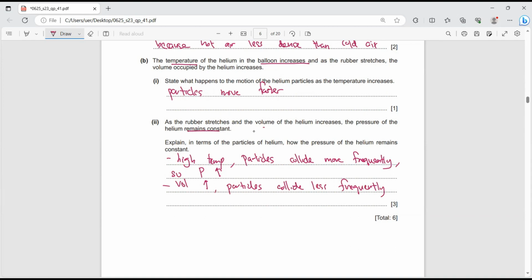So volume increases, less frequent collisions, so the pressure reduces. So you say the effect of the high temperature and larger volume cancel off each other, so the pressure is constant.